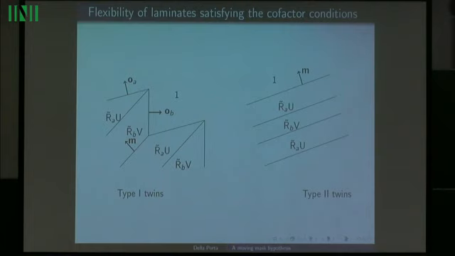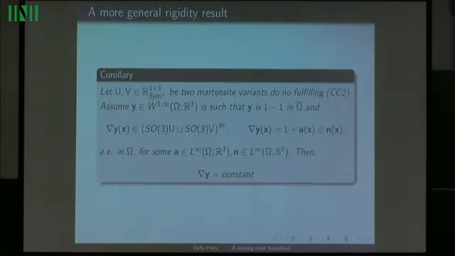What this tells us is that these cofactor conditions are important not only because they allow an interface with austenite without an interface layer, but also because they have a degree of freedom. They can vary the volume fractions while still being compatible with austenite. So they also give flexibility in the satisfaction of this differential constraint.